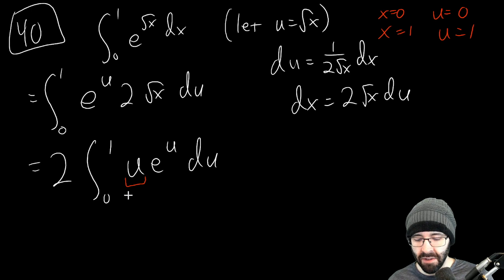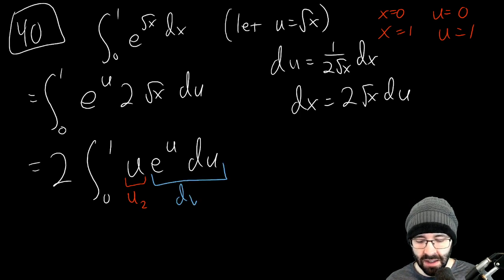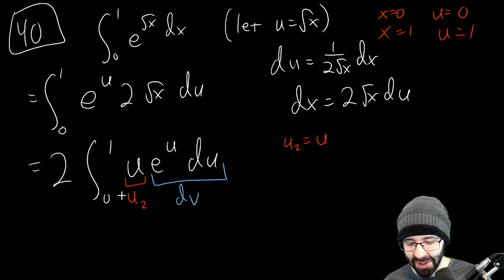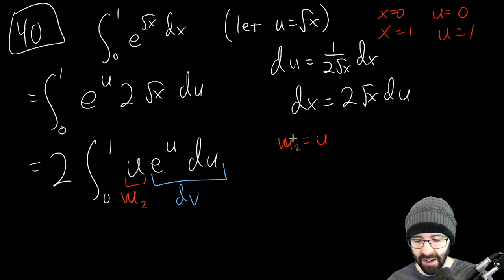So this is easy to differentiate. We can call it u2 or w, whatever you want. This is easy to integrate. We'll let this be dv. So u2 is just u. That's a little confusing. Let's call it w instead. All right.